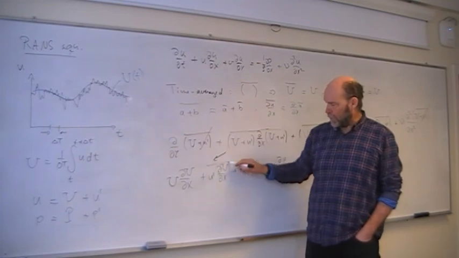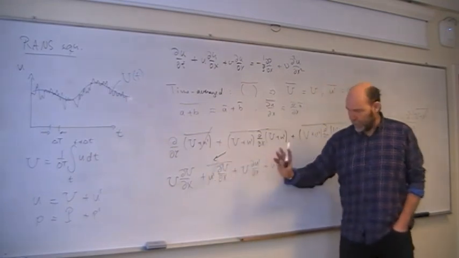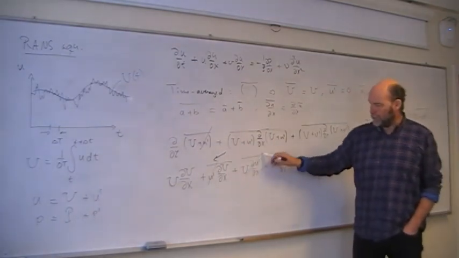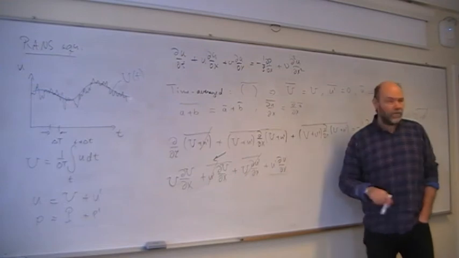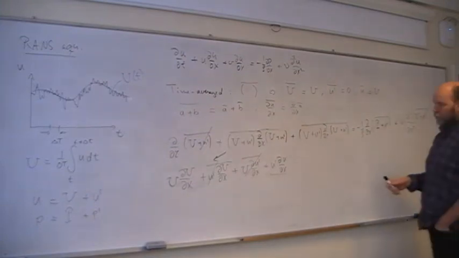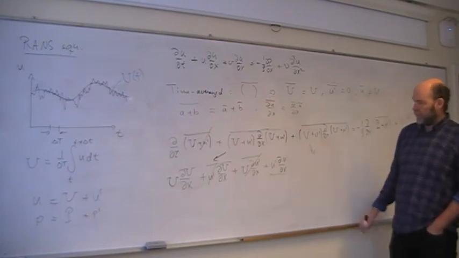This one, time averaged, will disappear because the average of one single fluctuating quantity disappears. Same with this one. It will also disappear. But this one survives. There you have a product of two fluctuating quantities. When you multiply them, you don't get 0 anymore. So it will survive. And for this term, you get exactly the same.